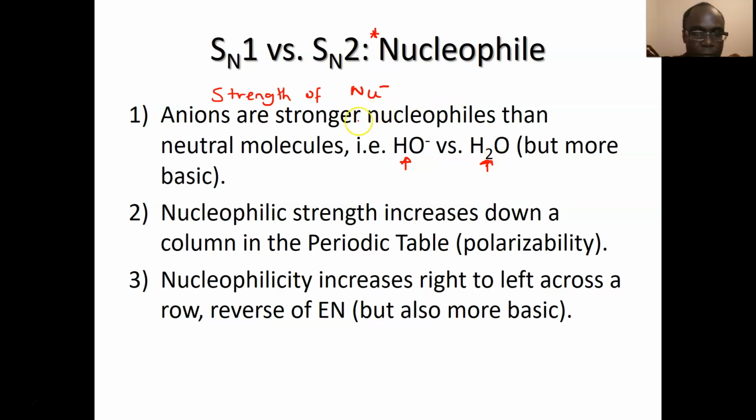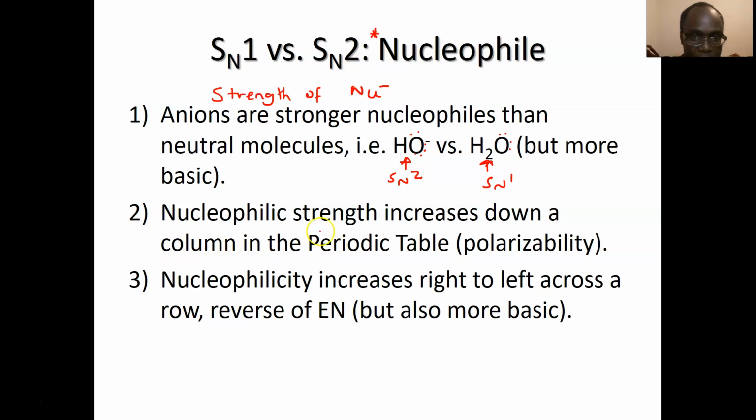So stronger nucleophiles, SN2. Weaker nucleophiles, SN1. Remember, this is strong because of negative charge. This is weaker because it's neutral. So a good nucleophile should have a negative charge or high electron density.